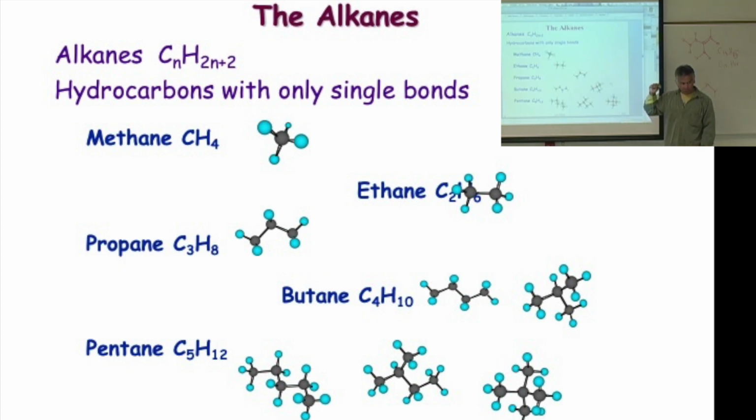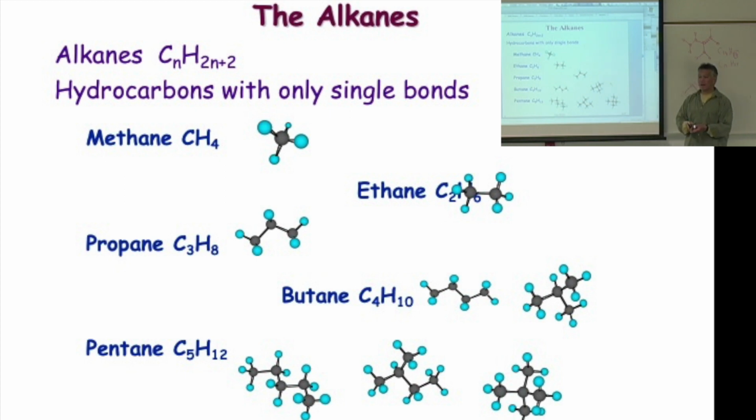Remember I told you that the prefix tells you the number of carbons? Well, these are the alkanes: meth 1, eth 2, prop 3, but 4, pent 5, and then we go all the way to 10. You have those prefixes in your information page.